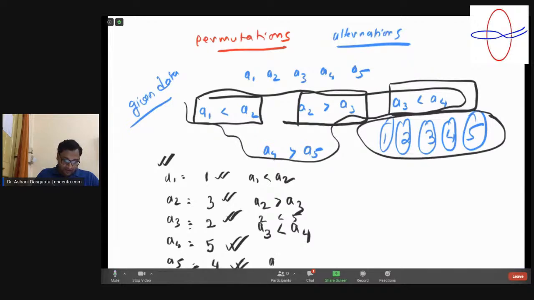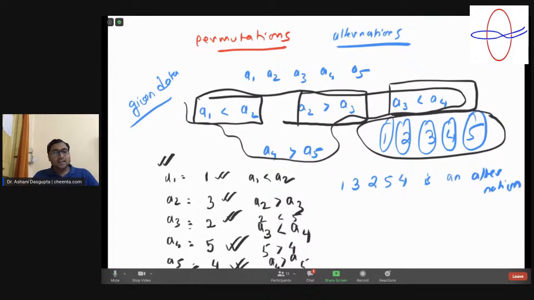Well, that is satisfied. 5 is greater than 4. So all of the conditions that we want are satisfied in this particular sequence. So we say that 13254 is an alternation. Can any of you give me an example of another alternation using the same numbers?